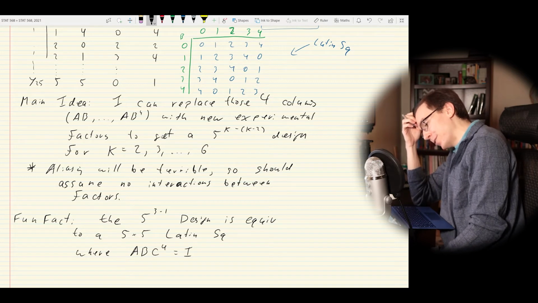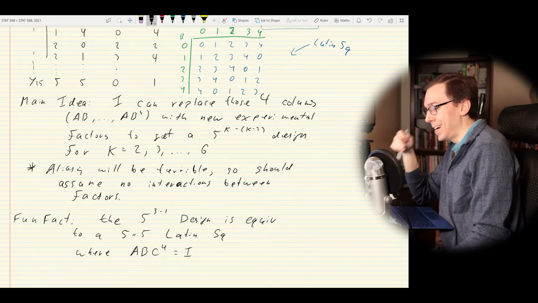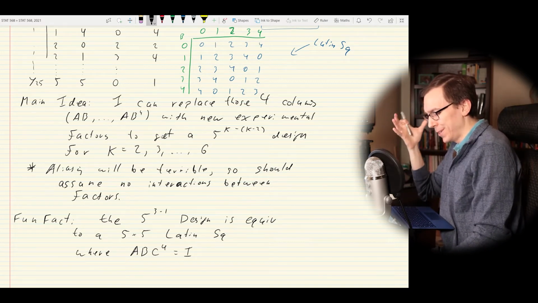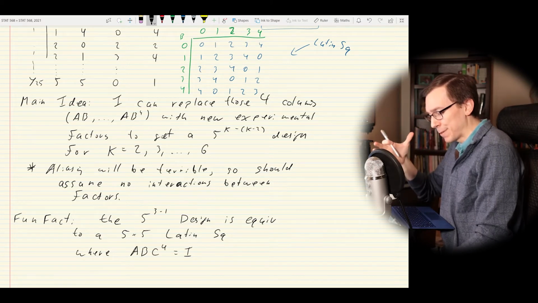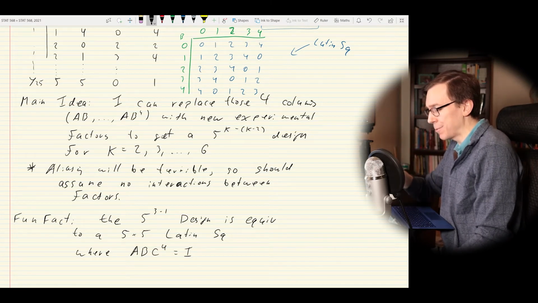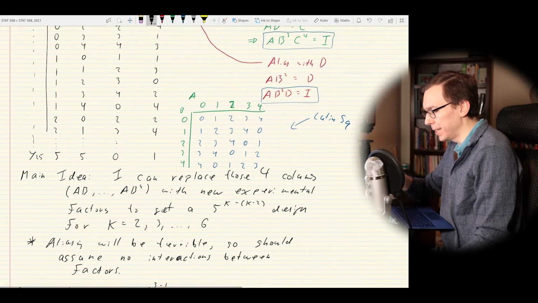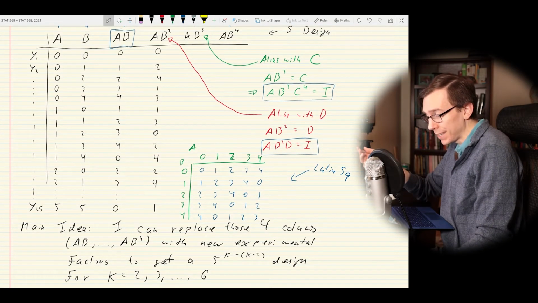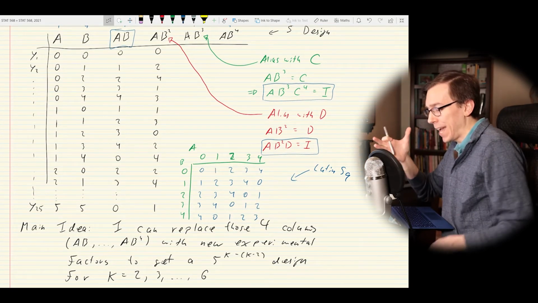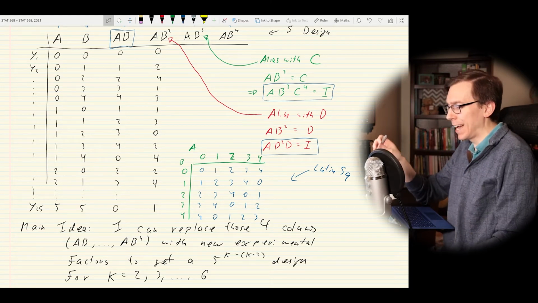Now, I could also choose other columns to input my factor C. It doesn't have to be the first column, the one in blue here that I highlighted. It could be one of the other ones, but the point is that what we actually have here is something like a Latin square.